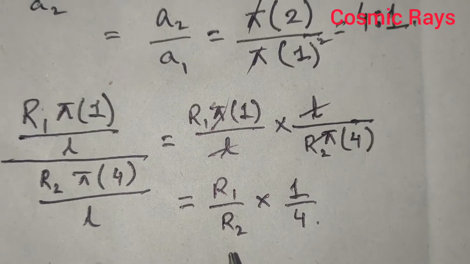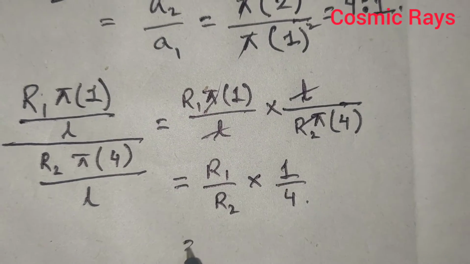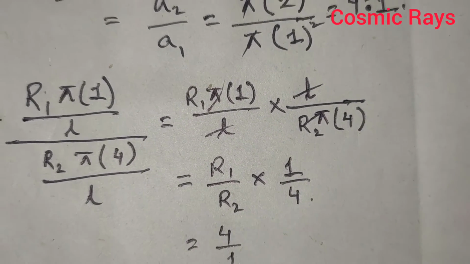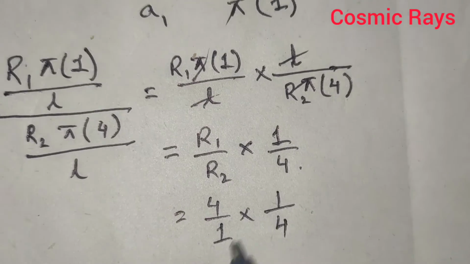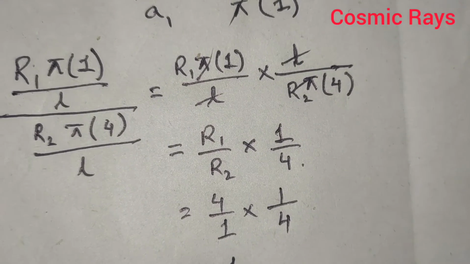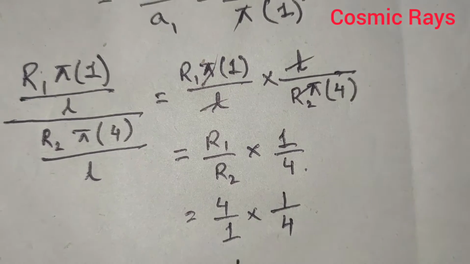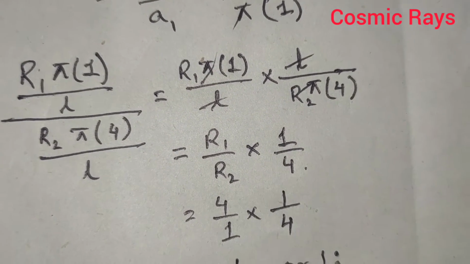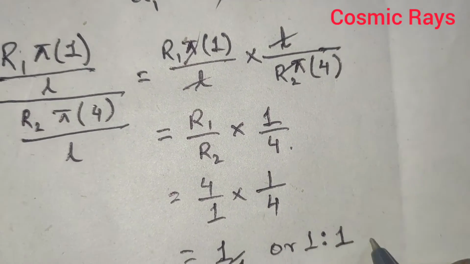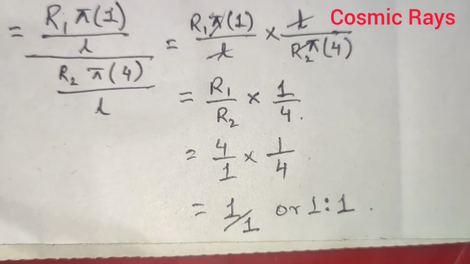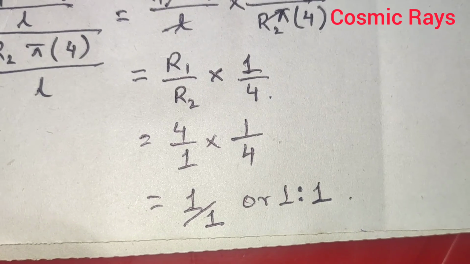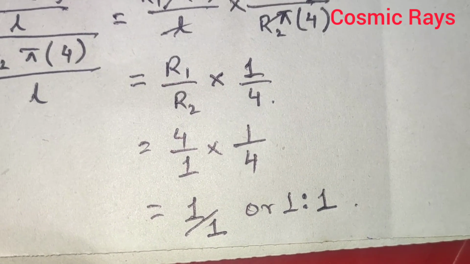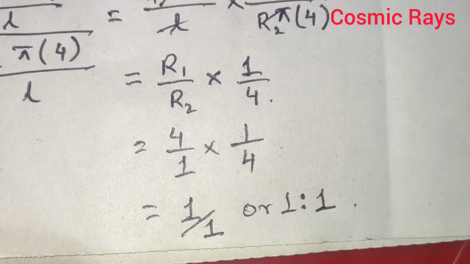So R1 by R2, the value is 4 by 1 or 4:1 into 1 by 4. So this cancels out and we have 1 by 1, or we can write it as 1:1. So the value of these specific resistances, if we compare, it will be 1:1.